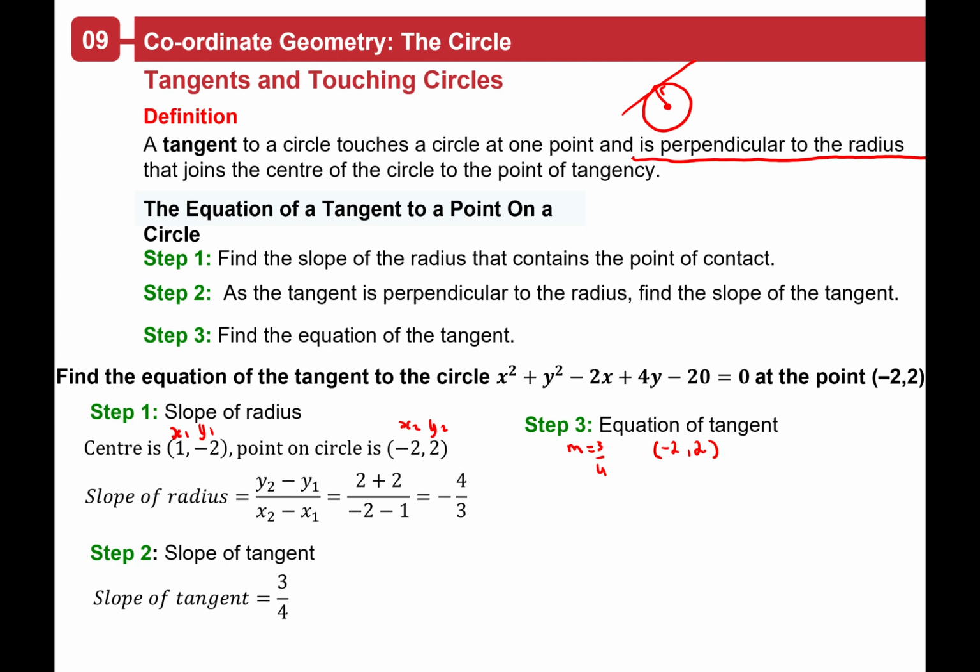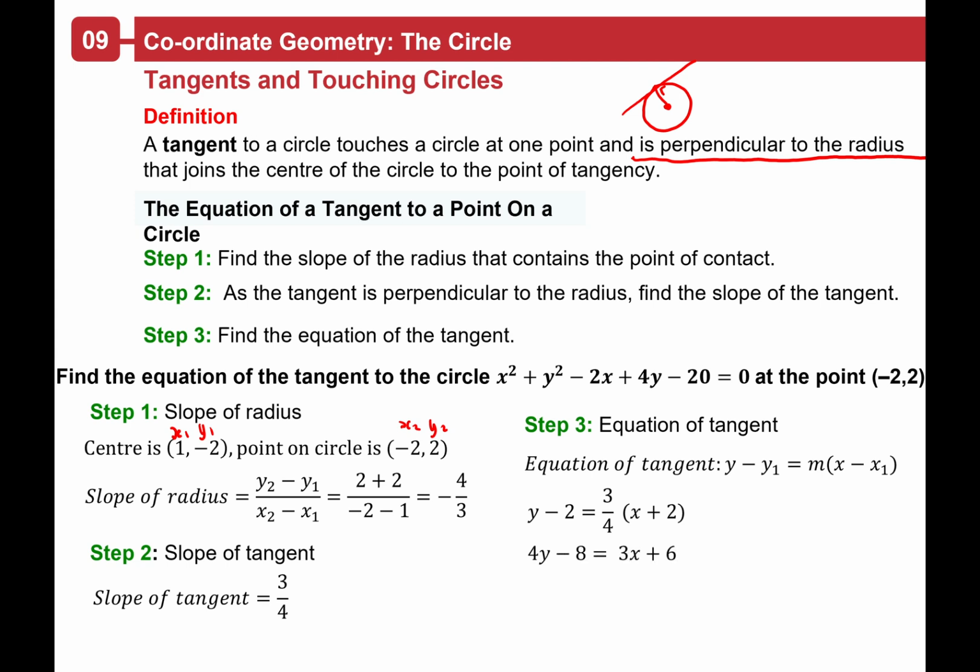So to find our equation of our tangent, we use our formula y minus y1 is equal to m times x minus x1. Substituting our points into our formula gives us y minus 2 equals 3 over 4 times x plus 2. Rearranging our equation, I'm going to cross multiply by 4 there, which gives us 4y minus 8 equals 3x plus 6.